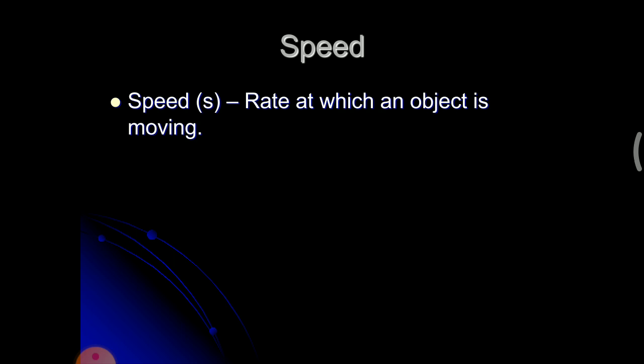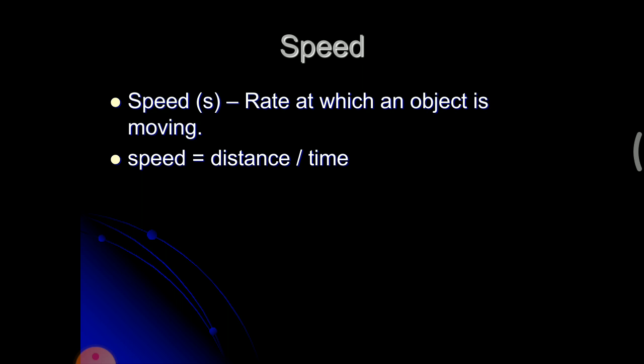The next term is speed. Speed is represented by the small letter s. The definition of speed is the rate at which an object is moving. In physics, rate means we have to divide by time.